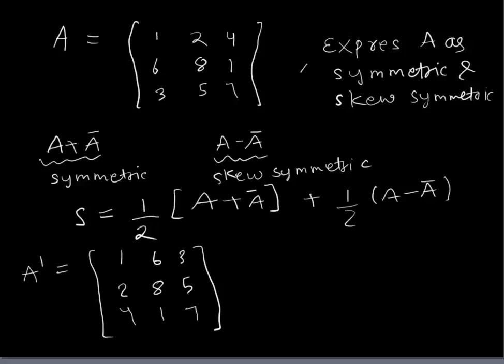So this is the A transpose. Now all you have to do is plug this value of A transpose in this equation, and then just simply perform the addition operation and the subtraction operation, and you can express the given matrix A as a sum of symmetric and skew symmetric matrix.